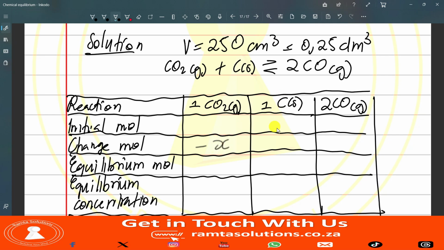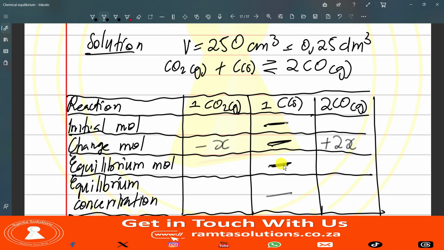And here, because it's a solid, you don't have to worry about it. Put dashes all together. And here, it's a product. Since it's a product, use a positive, meaning a plus. Now, what is the coefficient? It's 2. So make it 2x. Remember these.